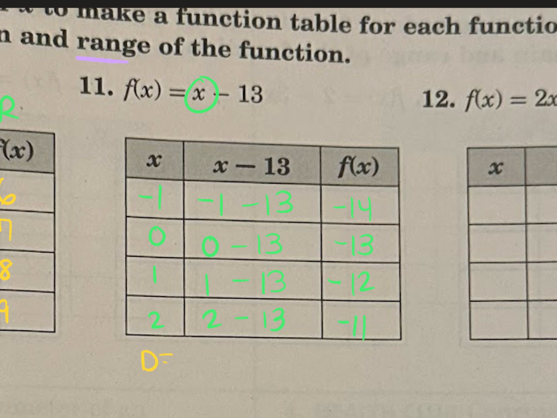The domain, negative 1, 0, 1, and 2 again. The range are our answers. Negative 14, negative 13, negative 12, negative 11. If you make the numbers you're picking go from least to greatest, then your answers will naturally be, well, I think they will be. Maybe they won't always be least to greatest.